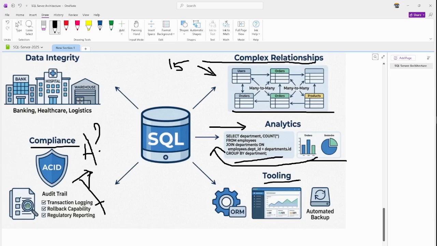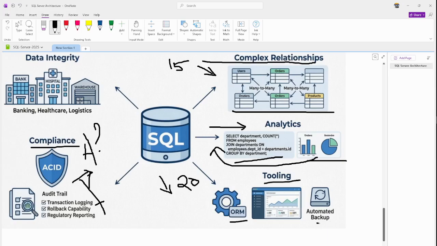Then we have something called tooling. SQL has been around for over a decade, almost 2 decades now. So there is an immense ecosystem and mature tools that make development faster and safer. You have ORM, object relational mapping.